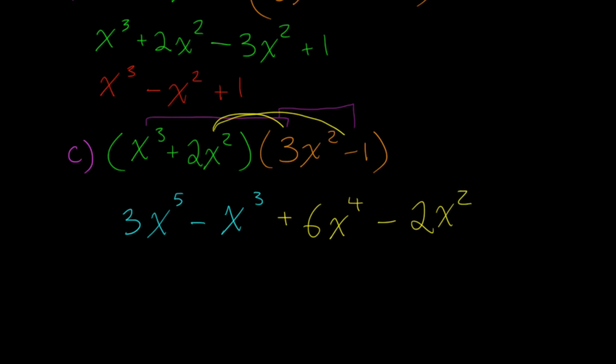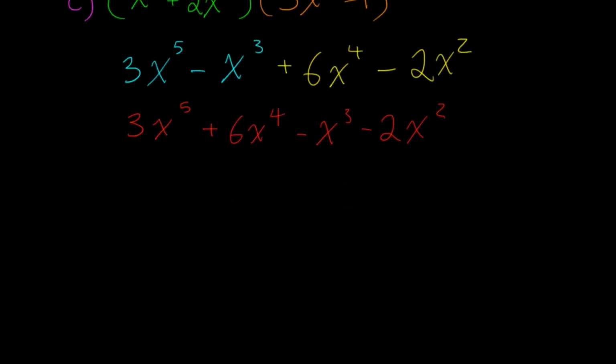We can rewrite this in a more proper fashion: 3x to the 5th plus 6x to the 4th minus x cubed minus 2x squared. I just wrote it in order of the powers, 5, 4, 3, 2. And unfortunately we don't have 1. Also sad.